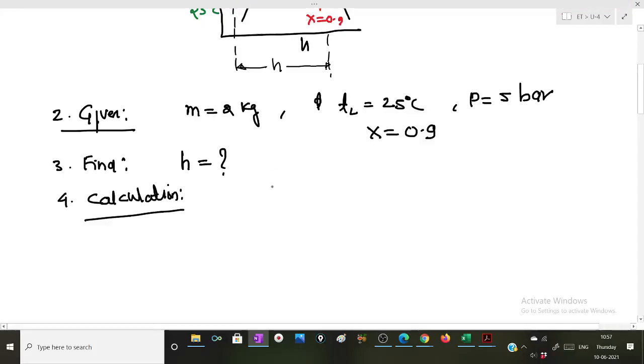Okay. So once again, to find out the value of this H, I have to find some properties at saturated states from the steam table at pressure of 5 bar.